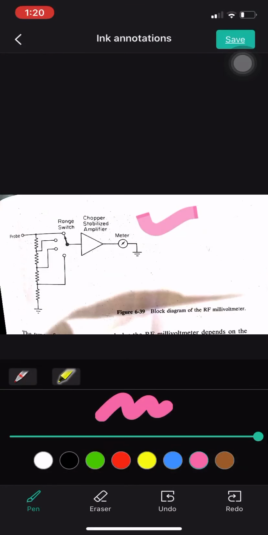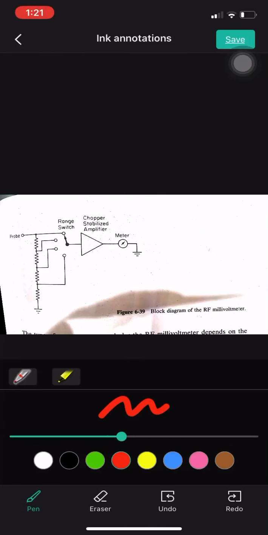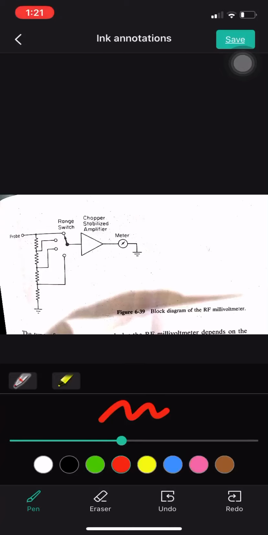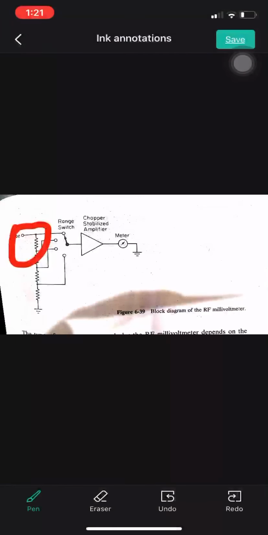Now, if you look carefully, the figure shows the sensitive RF millivoltmeter. The actual RF rectifier or detector is usually mounted on the probe itself, as shown here.